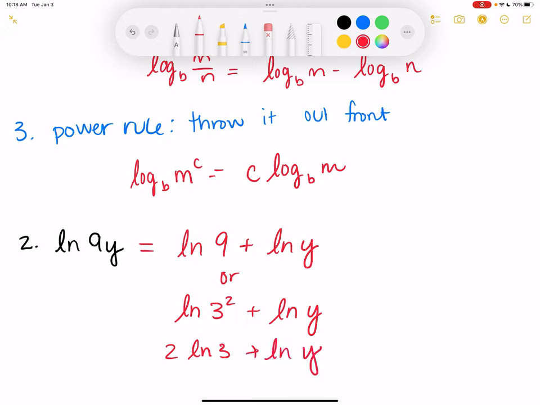I don't personally see a need to rewrite it. This is how I would do it, but this is how your book will do it. So if you're checking your answer and yours doesn't match, look and see if that's what they did. I will take either one, but I would have just left it as the first one.